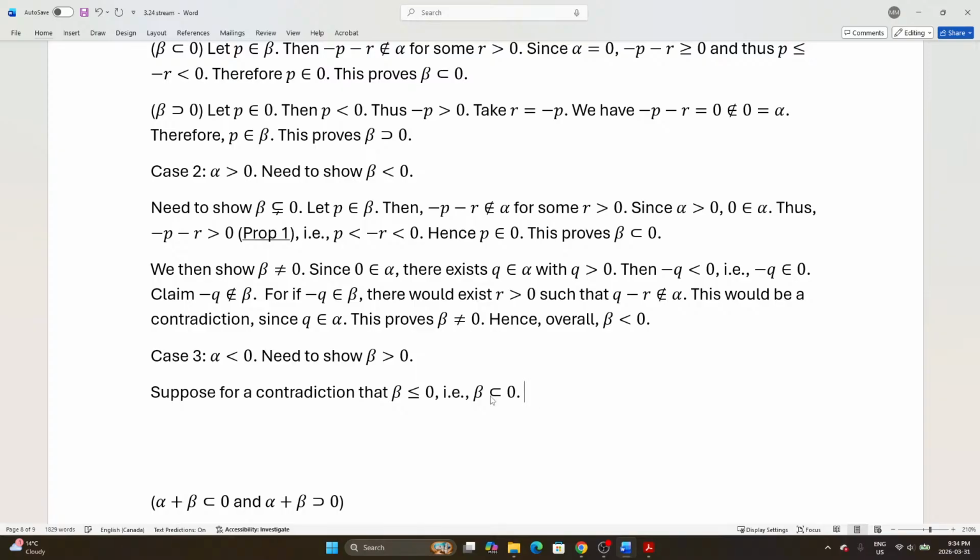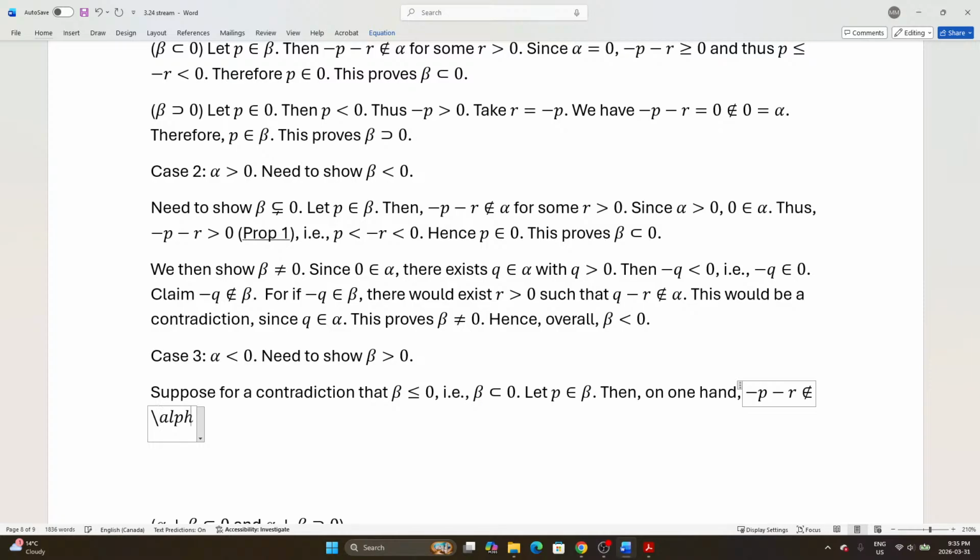Now let p be in beta. On one hand, by the definition of beta, we have minus p minus r is not in alpha, for some r positive.